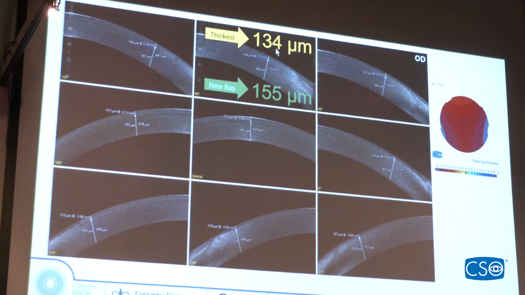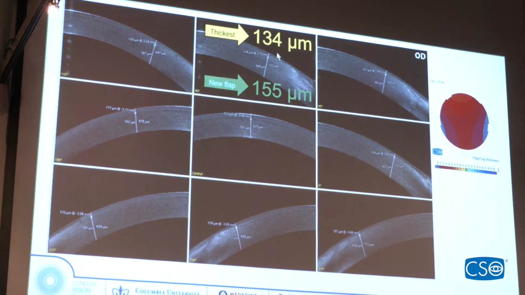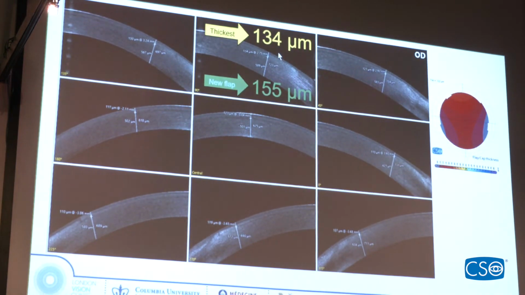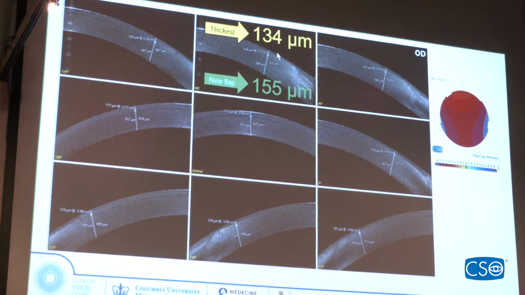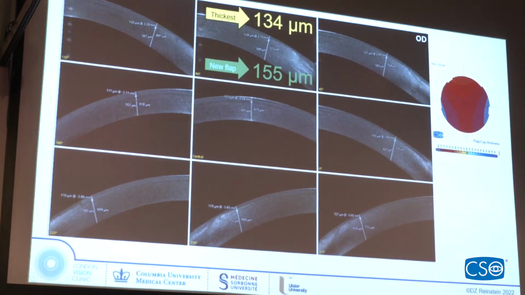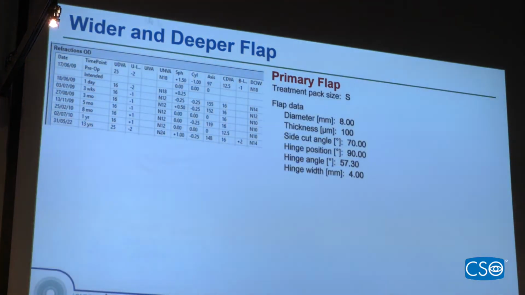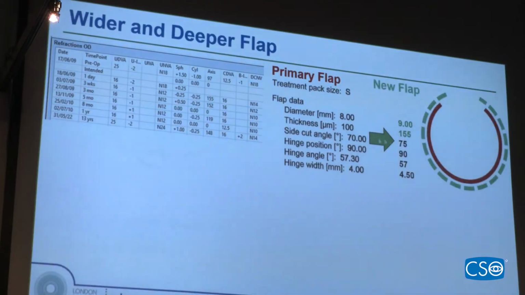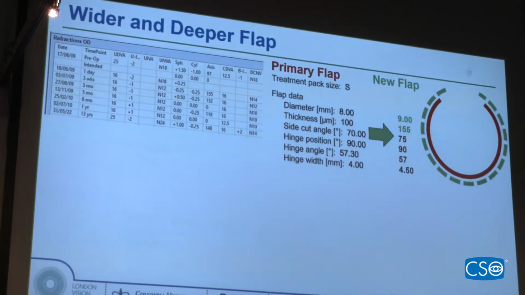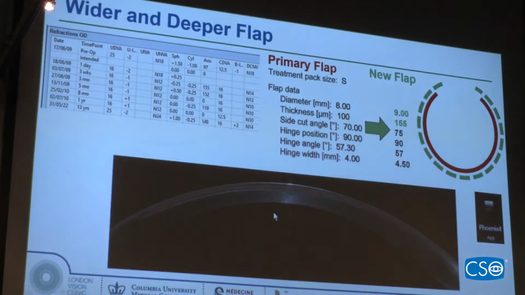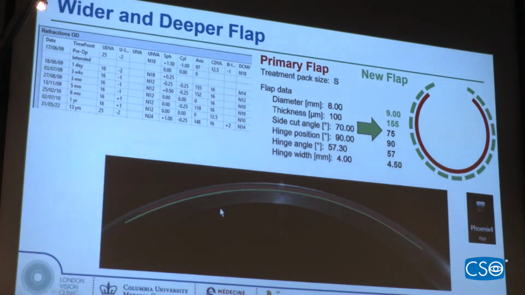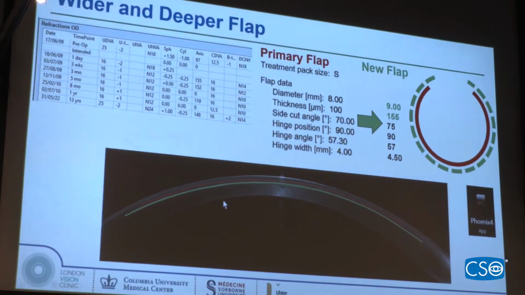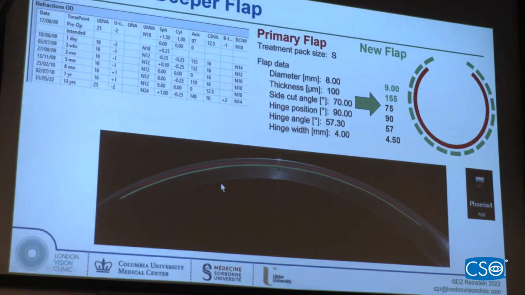So the thickest is 134. To make sure I don't cross the old flap, I go more than 18 microns below, and I make it wider. So this is called a wider, deeper flap. And we program, therefore, 155 at 9mm, and we can safely create a second flap and avoid ingrowth in a flap that was made 13 years ago.